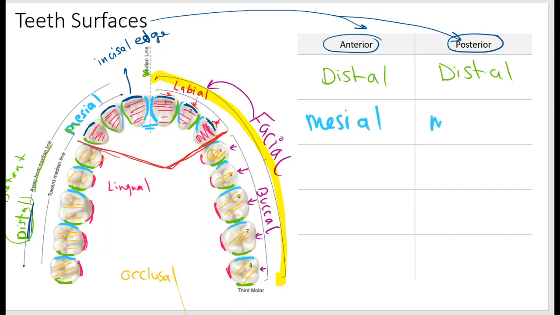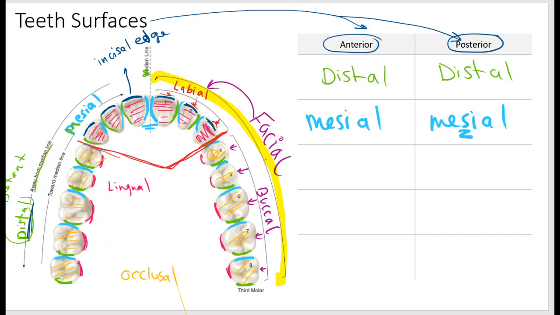Mesial. You can remember it, mesial, right? So mesial is the same, because on the posterior teeth we call it mesial if we're mentioning the surface that is towards the midline. And on anterior teeth we also call it mesial. Same thing, right? Now lingual, let's see if I can find that color for lingual.